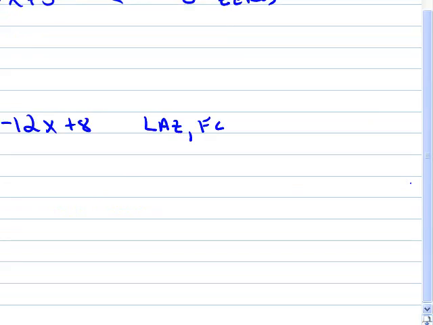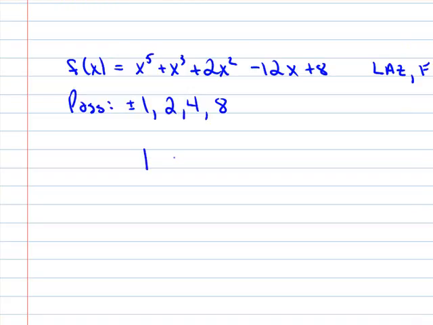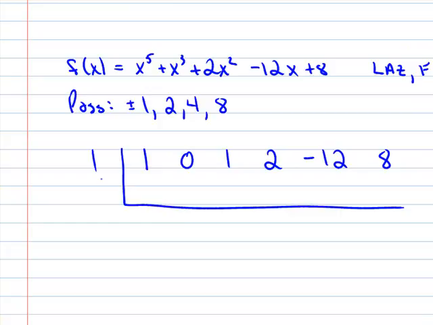So let's go to synthetic division. Let's pick one, and let's just start with 1. Be a good place to start. Let's see, we have 1, leave a space, 1, 2, negative 12, and 8. And we're going to try 1.